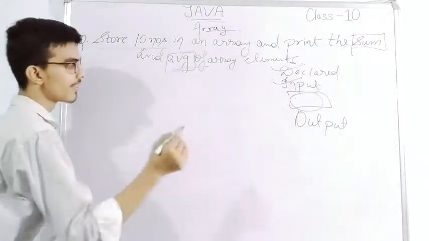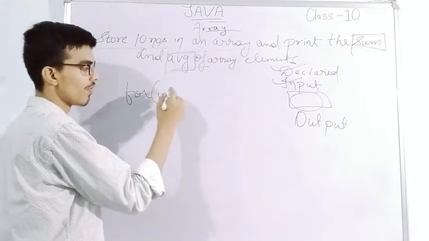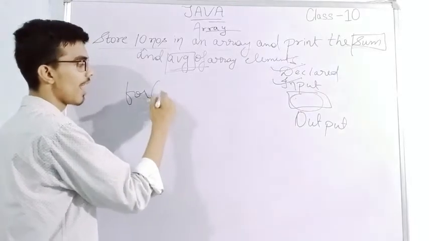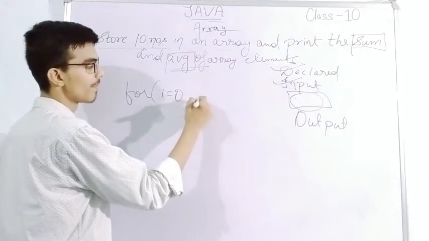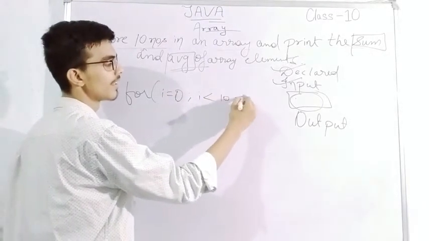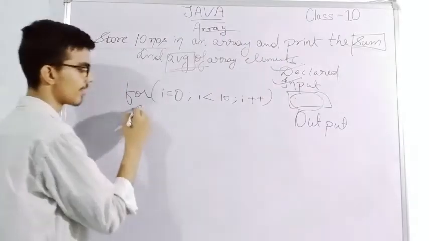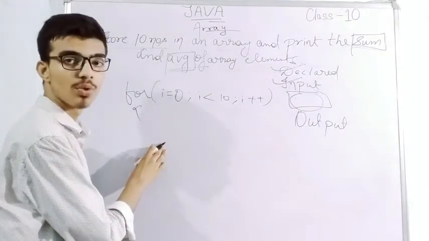We'll start a for loop again, as we know: for i = 0, i < 10, i++.